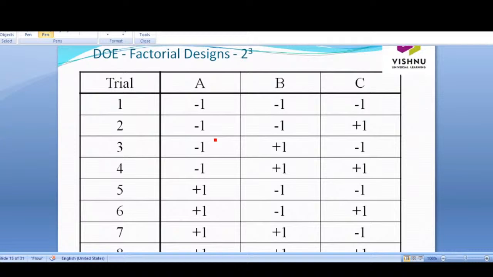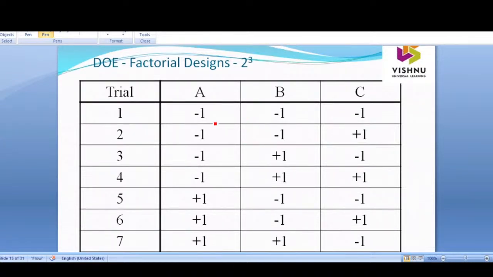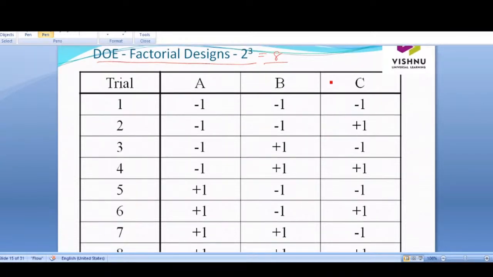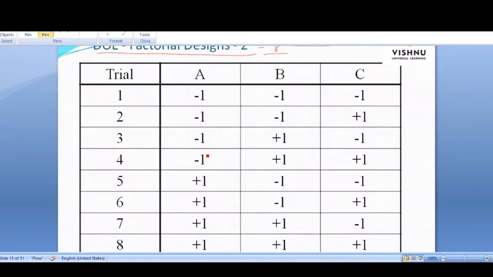Now see the table here. This is for three parameters. This is the table which shows 2 power 3, so that means here 8 experiments we have to design. Let us say three parameters are A, B, C. In trial one, it shows -1, -1, -1, so you have to fix all of these; you are not varying.